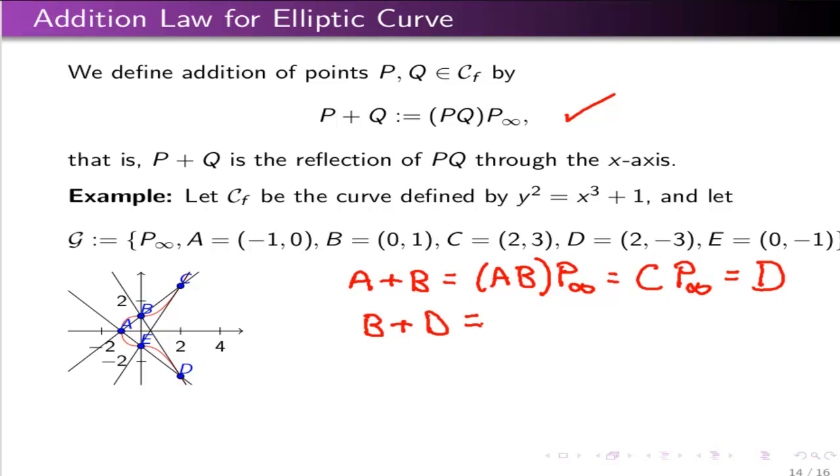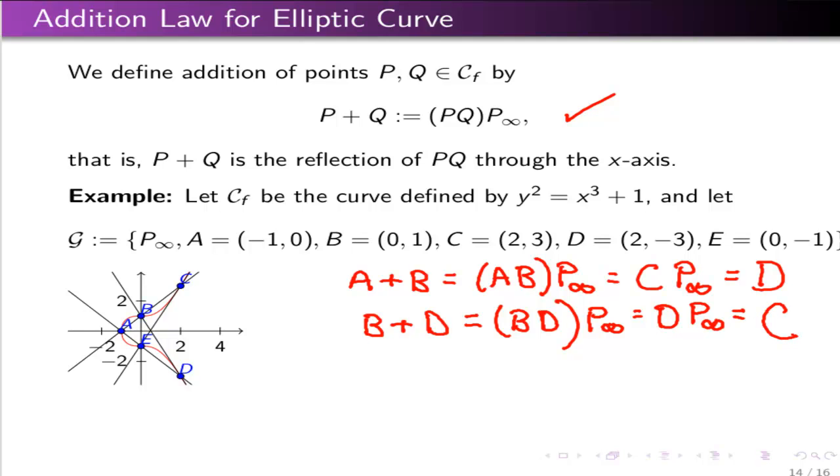So we go BD. Now, what's BD? Well, the line joining B and D is tangent to the curve at D, so the third point of intersection is D itself. And then I look at D P infinity, so that means reflect D through the x-axis, and we get C.